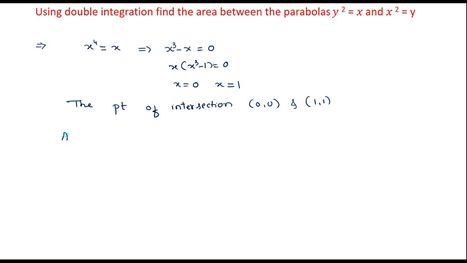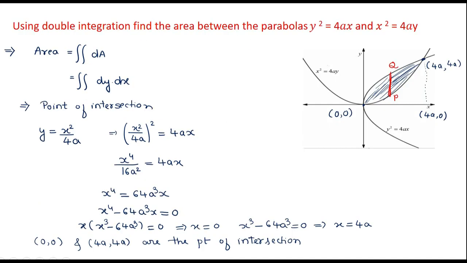So we can calculate the area by taking x variations from 0 to 1. Here the point of intersection is 1, 1, and this is the parabola y square is equal to x and this is the parabola x square is equal to y.